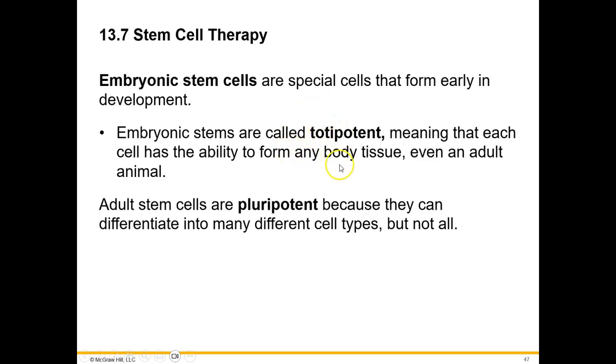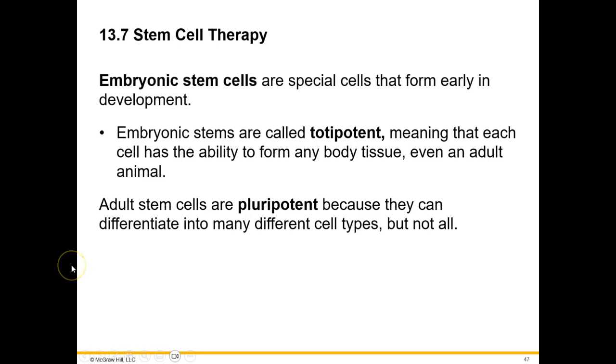Totipotent, like it has total potential to turn into anything. That means an embryonic stem cell has the ability to form any kind of body tissue, any kind of cell, even an adult animal. So that's why these embryonic stem cells are so sought after, and we have a lot of research around them.